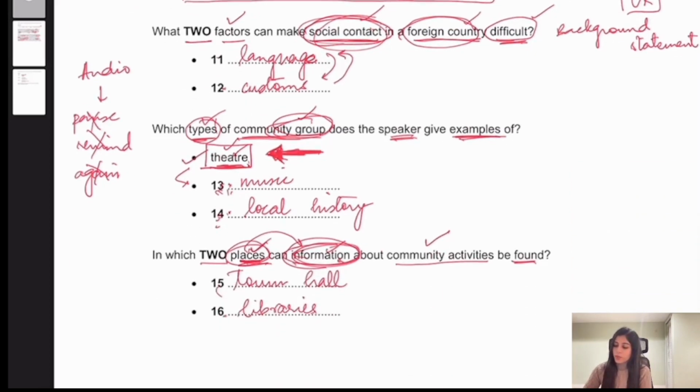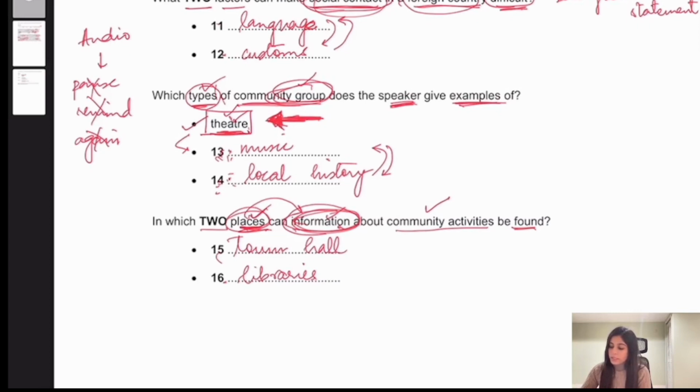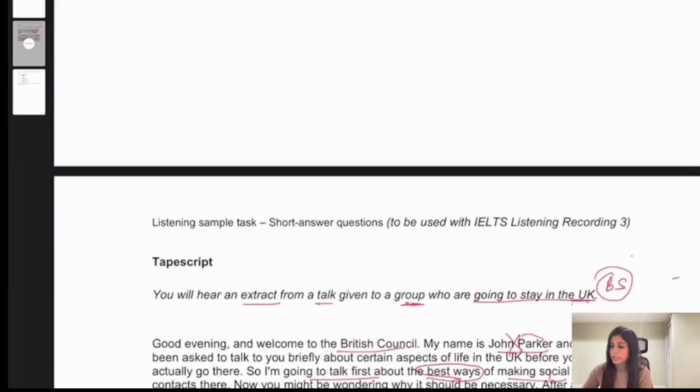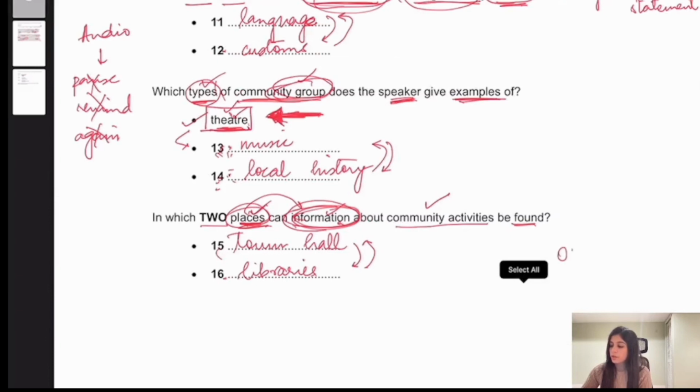If you write 14th as music and 13th as local history, that's also correct because it's the same question and two answers are there. And here as well, 15th could be libraries and 16th could be town hall. That will also be correct. So you can answer in any order. Order does not matter here. Order of the answer does not matter.